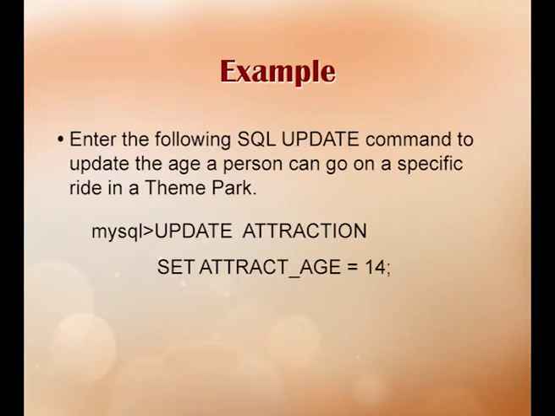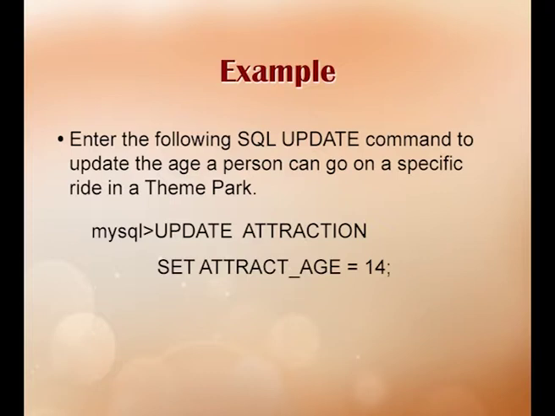So update attraction: suppose I want to set the age of a person to 14 for all the persons for any ride, that is, for any attraction or ride, only 14 is the minimum age limit. So what I can do is use a command to set the age to 14 for all its rows or all its records.